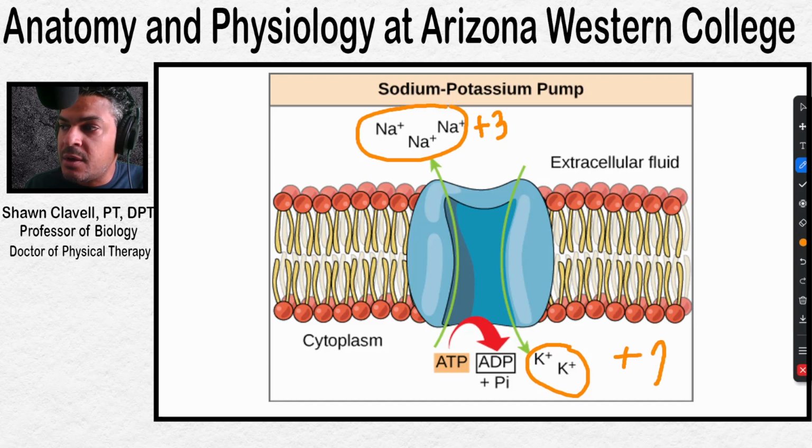So the sodium potassium pump is responsible for maintaining that concentration gradient of more sodium outside of the cell, more potassium inside of the cell. But you can see that there's an unequal distribution, so ultimately there's going to be a net plus 1 charge outside of the cell relative to the inside of the cell.